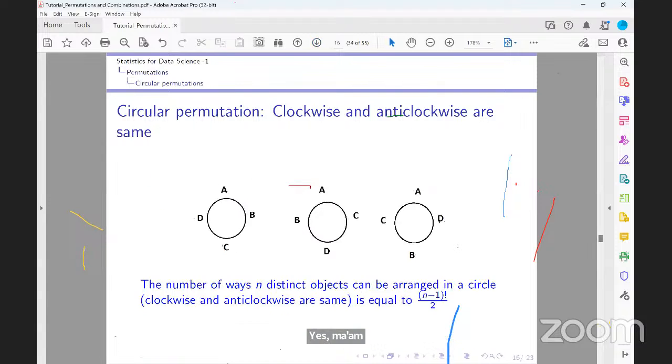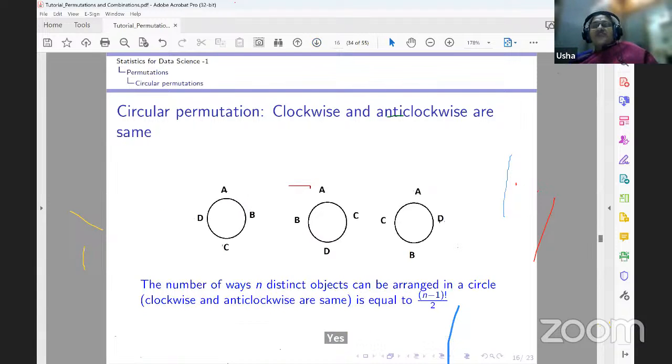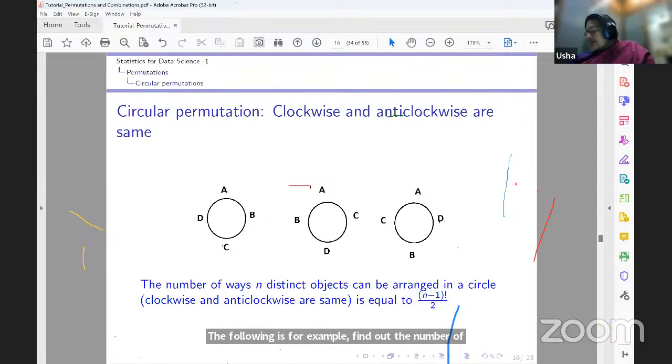Whenever you are asked questions, there are a lot of questions in permutations where they'll say, for example, find out the number of ways I can seat. One second, let me go. Sorry. Now, I have a question here.